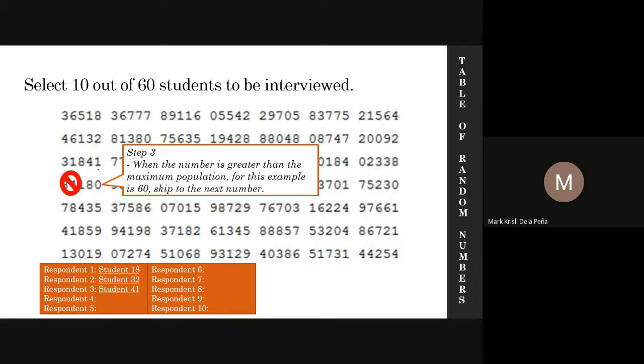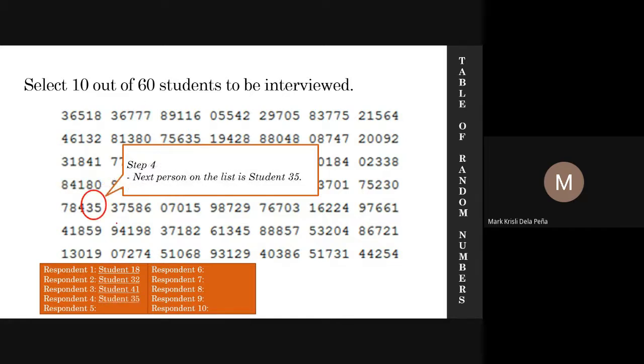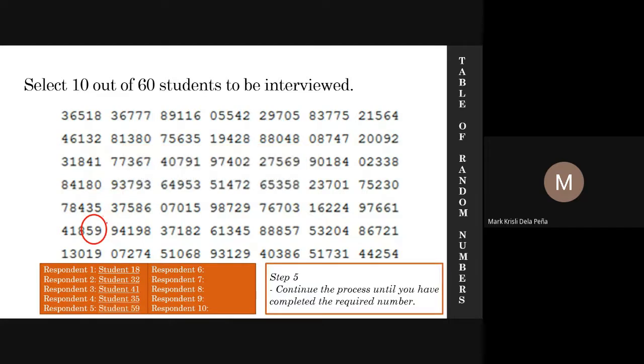However, next we have 80, but 80 is greater than 60. Our maximum number is only 60, so we don't have student number 80 in our list, so we will skip this one. We only have 1 to 60. Then proceed to the next. We have number 35, then 59, so this will be our fifth respondent.